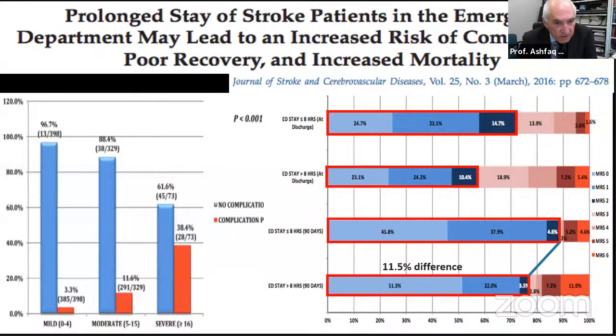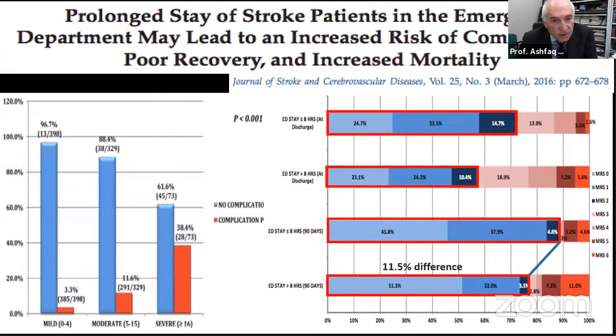In the emergency department, the risk of complications increases from 3% to 11% to as high as almost 40% simply based on the severity of their stroke. These patients with severe stroke are at the highest risk for aspiration and other complications. So if your stroke ward is busy and you've had multiple admissions to the emergency and you have a choice, you can leave the mild stroke patients longer than the severe stroke patients.